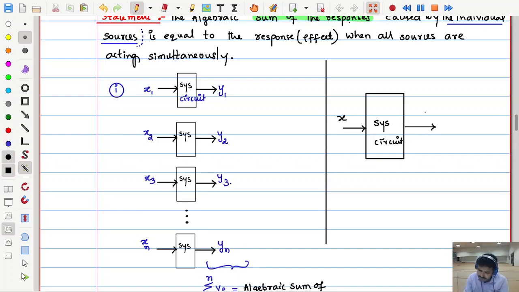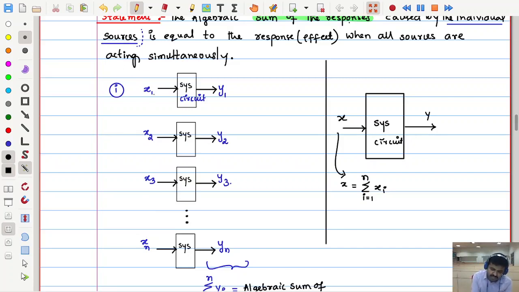Let us say the output is Y. Now if this input is equal to X, the sum of the individual inputs, that is input 1 to input n, like x1 plus x2 plus x3 and so on to xn, such an input is given to this system.